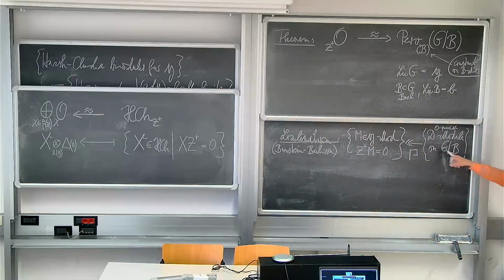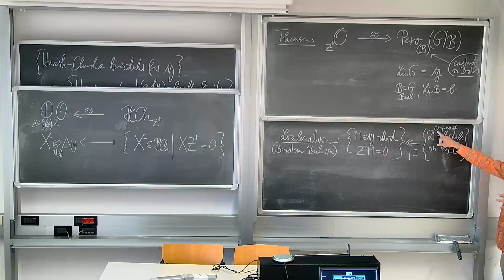So here D is the sheaf of differential operators on the flag variety, which is a sheaf of non-commutative but associative algebras. For this sheaf of algebras, we have sheaves of modules, and these are the D modules. But usually you ask in addition that they are O quasi-coherent, because the regular functions are still quasi-coherent.